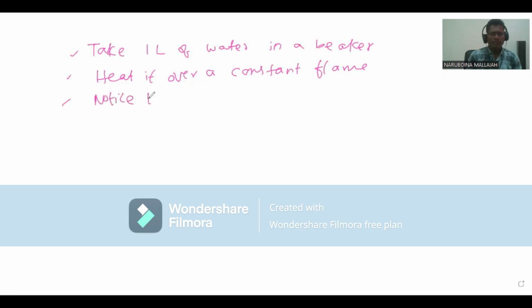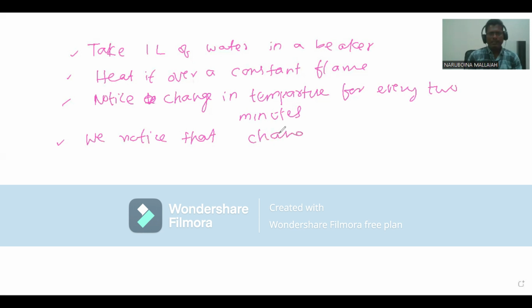We notice that the change in temperature rise with the time is constant.